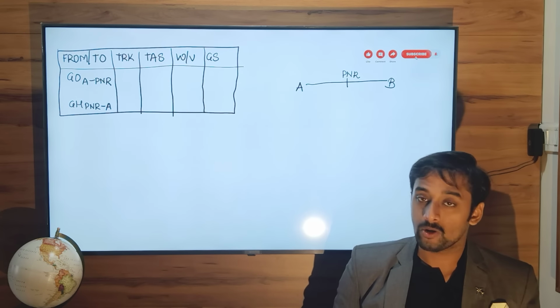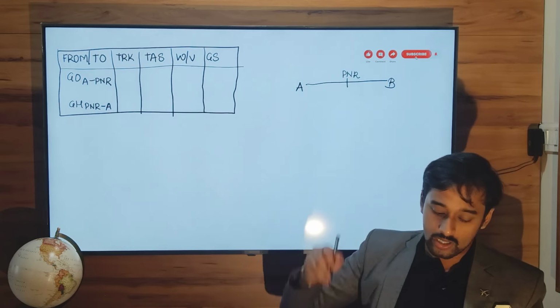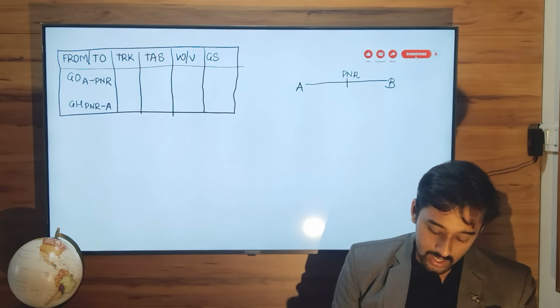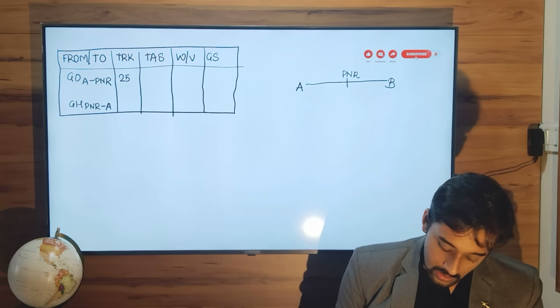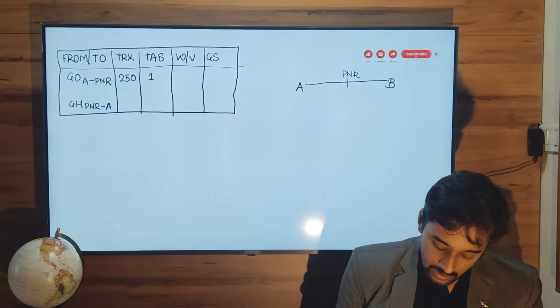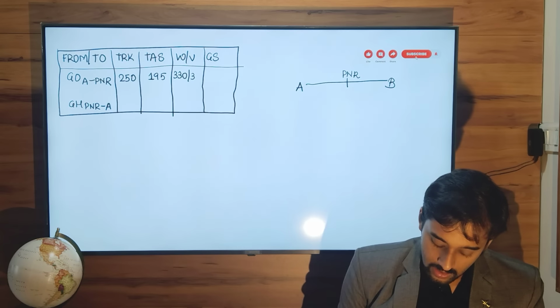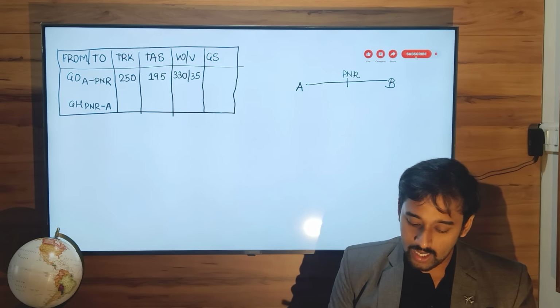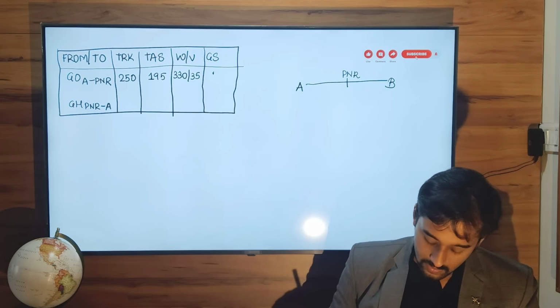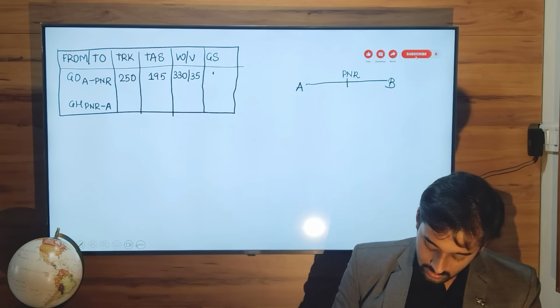So now going outbound from A to PNR, your track will be how much? Same track 250. Your TAS will be 195. Winds will be 330 at 35. So what will be your ground speed? Let's do it.